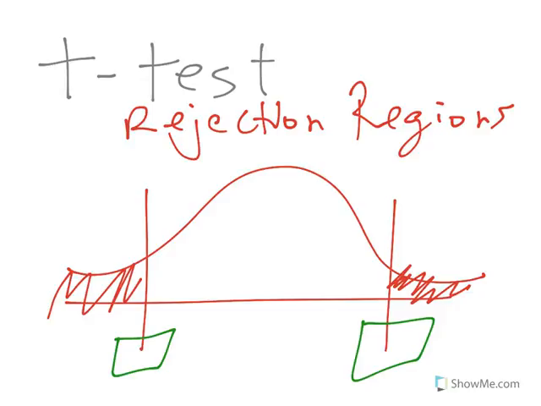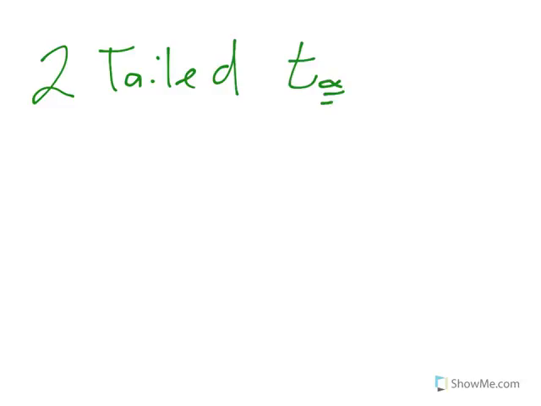Well, how do we figure out what our critical values are? You're going to need to use your textbook and the chart at the back of the book. Because it is two-tailed, we are going to use t with alpha divided by 2. So 0.01 divided by 2 is 0.005.